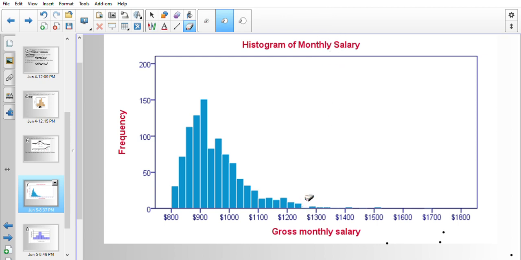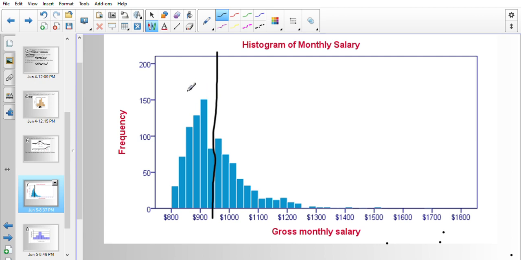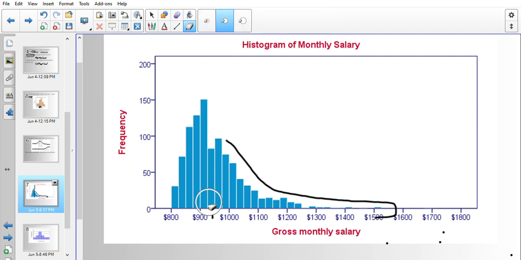Because most of our data is clumped over here to the left. So if I were to guess what the center is, I'd say it's probably right about there. Just eyeballing it, that looks about to be the center. Now notice that the peak is off to the left of the center, but that's okay because we can see that there are actually probably more data points to the right. So if we were to take the mean of this, the center would probably fall somewhere right around 950.